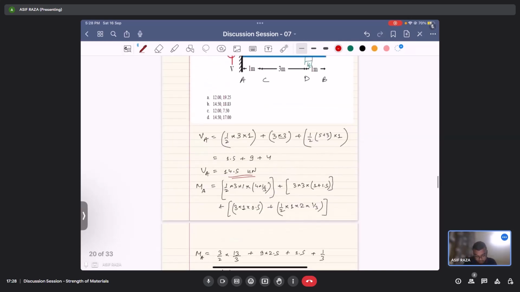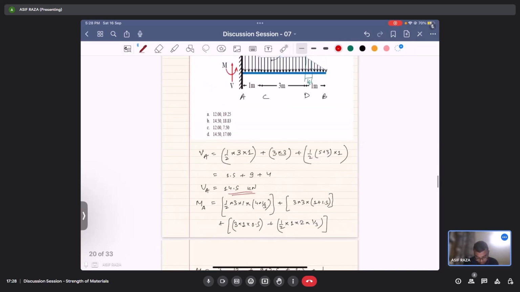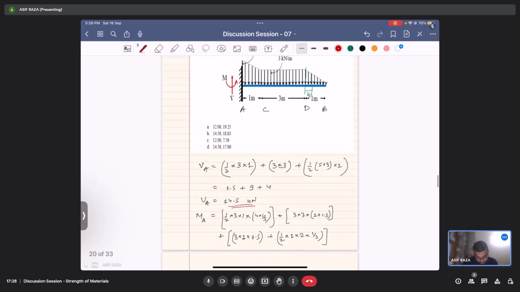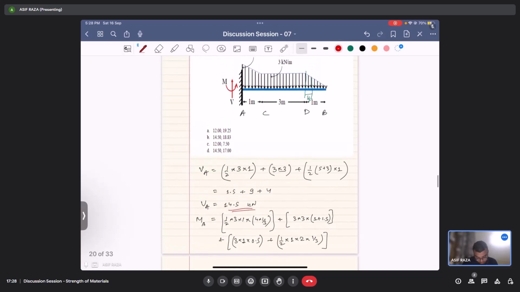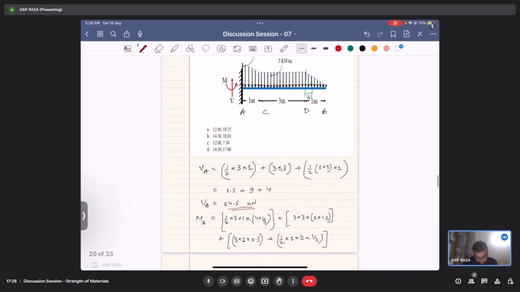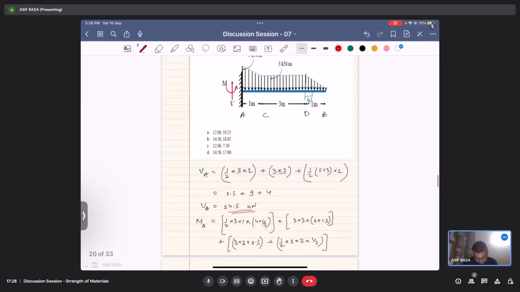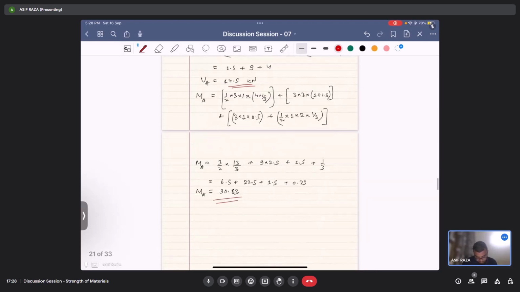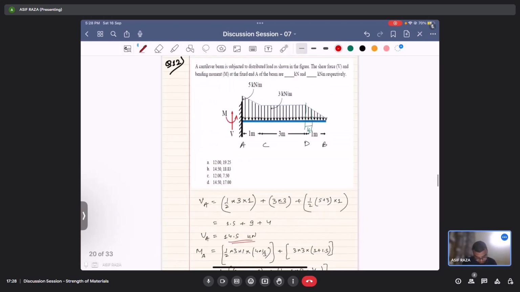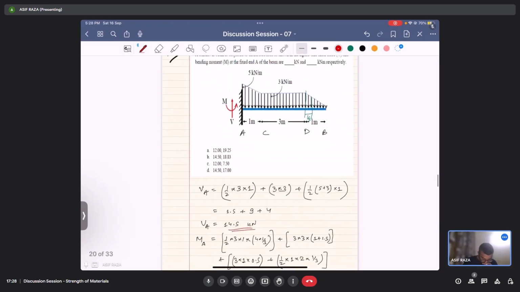So let's see. Did I make any mistake? Shear force is correct.